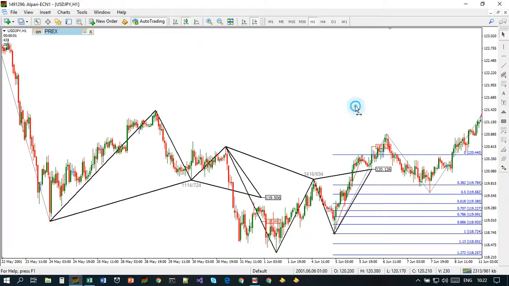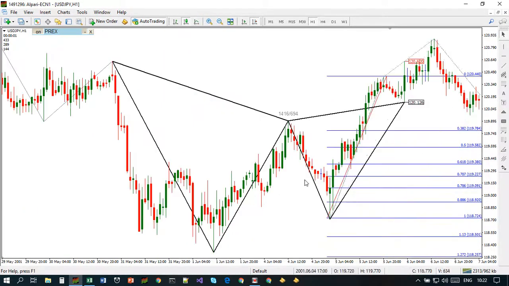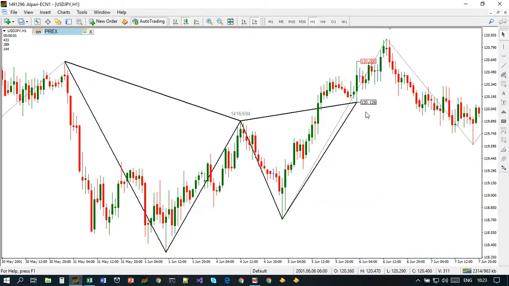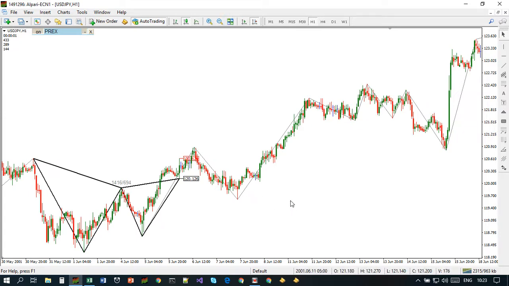We had a reversal started. Then after that we break that to the upside, and let me look at this candle. The high of this candle says 120.620, and 120.620 is the invalidation level, so the pattern was invalidated before we had a signal to sell.